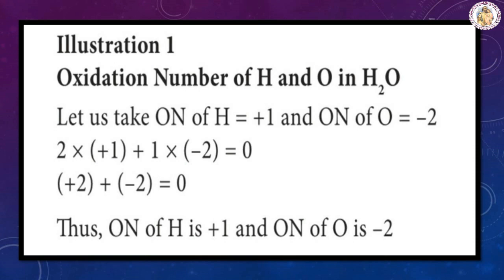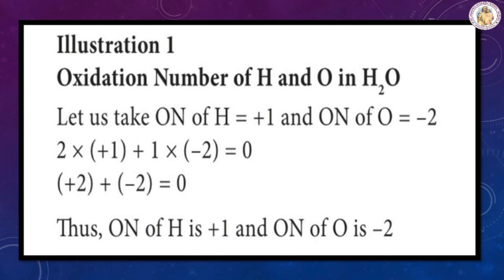Let us find out the oxidation number of hydrogen and oxygen in the H2O molecule, that is water. We already know that +1 is the oxidation number of hydrogen, and the oxidation number of oxygen is -2. So the number of hydrogen atoms is 2, multiplied by the oxidation number of hydrogen, +1, plus the number of oxygen atoms multiplied by the oxidation number of oxygen, -2.